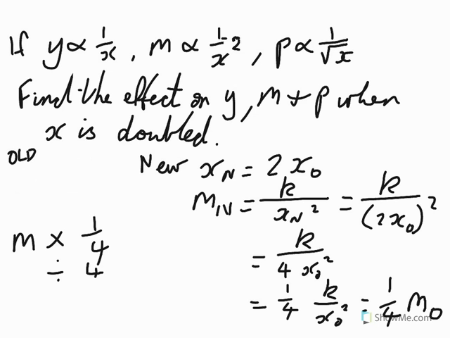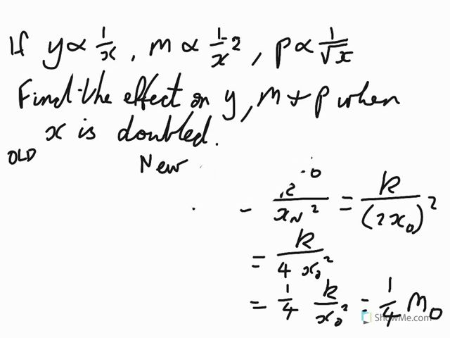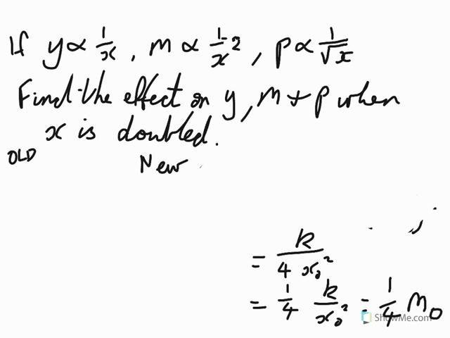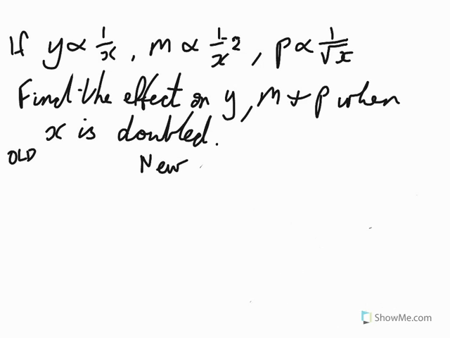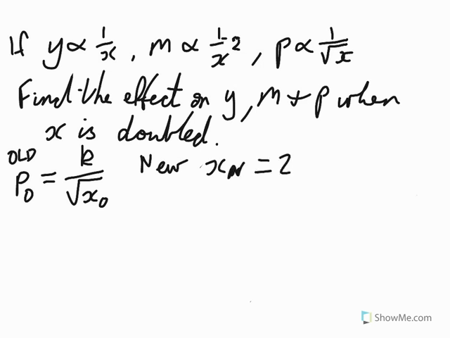Alright, and finally the last one. When I rub all of this out, the last one is p, and p, the old p, is equal to k over the square root of the old x, and the new x is equal to 2 times the old x.